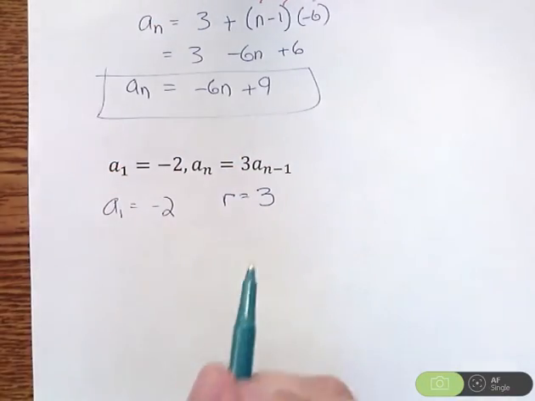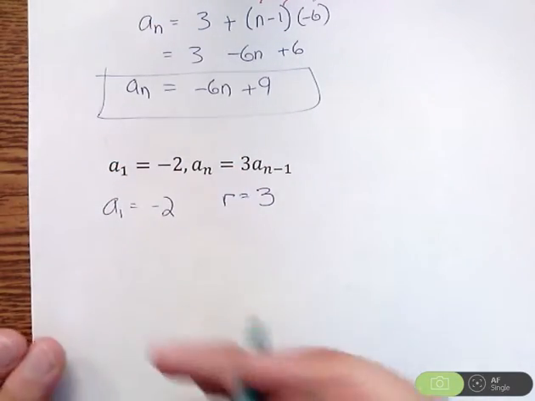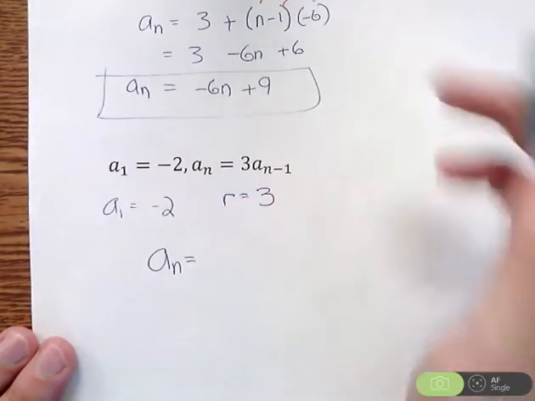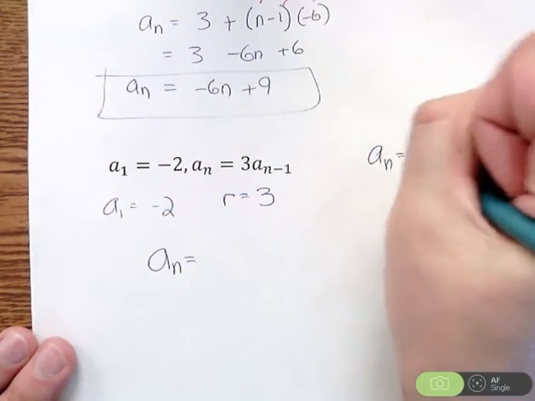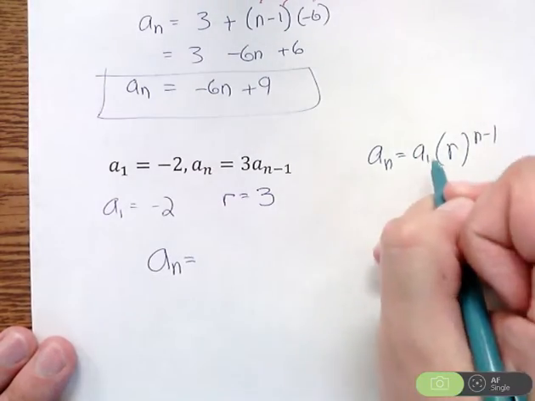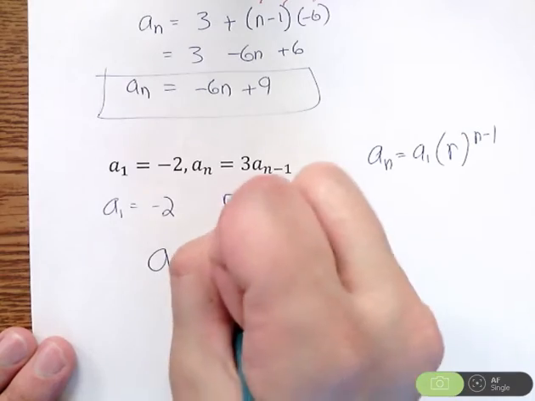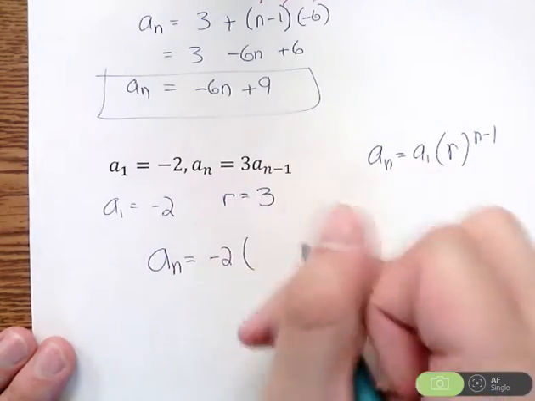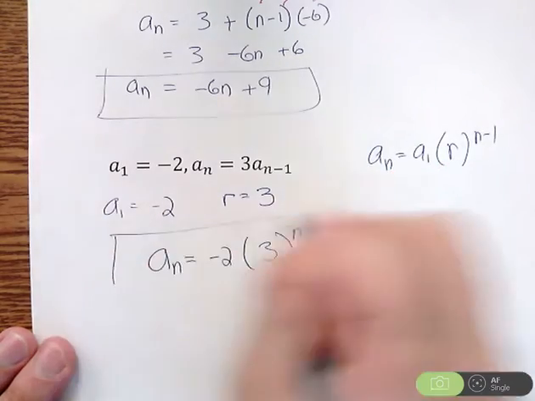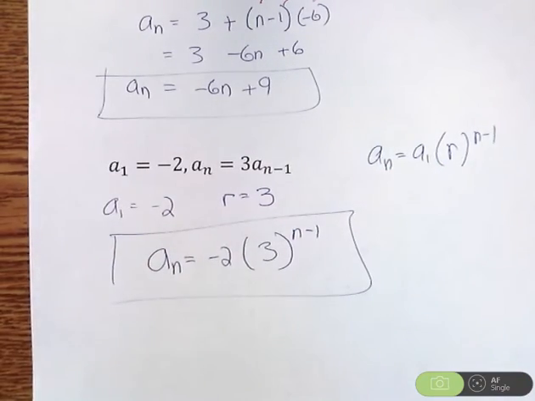I know A1 and I know r, so I need to put it together in the explicit rule. Going off the explicit formula for geometric, An equals A1 times r to the n minus 1, I have negative 2 times 3 to the n minus 1. That would be my explicit rule.